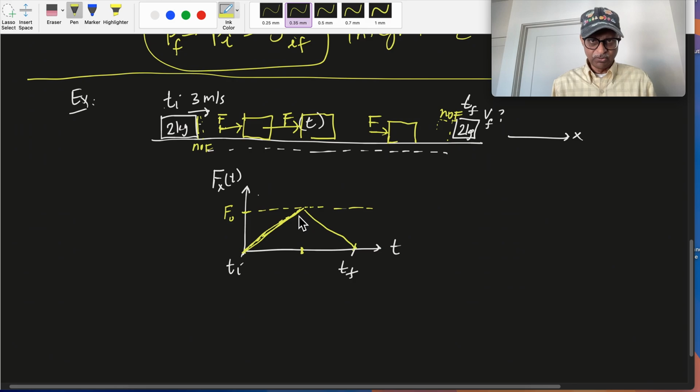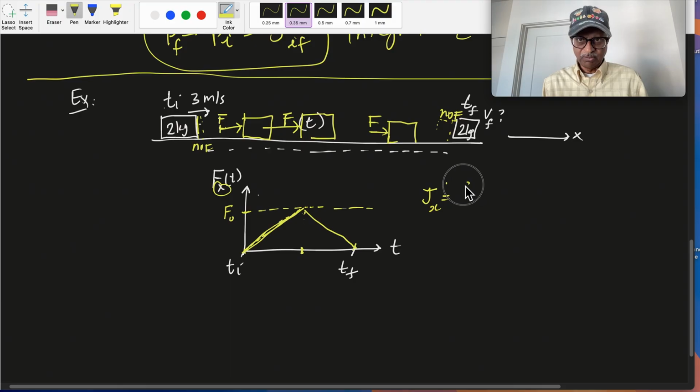All right, so what is the impulse? It will be Jx, because we're talking about the x impulse, and it's going to be the integral from ti to tf of Fx(t) dt.